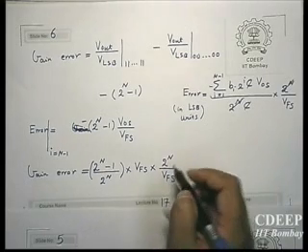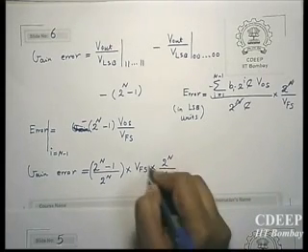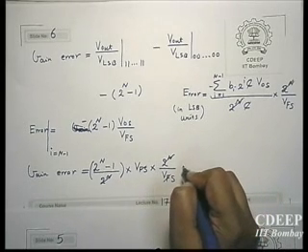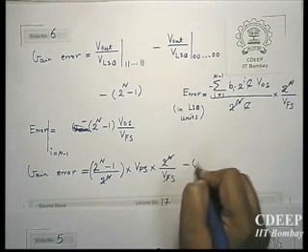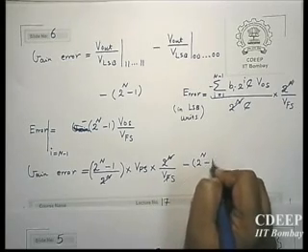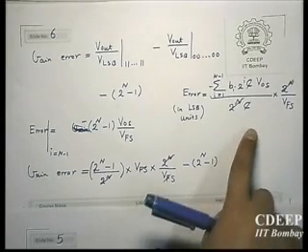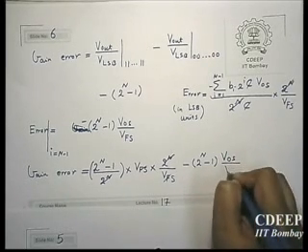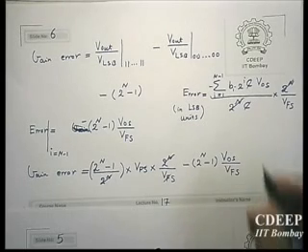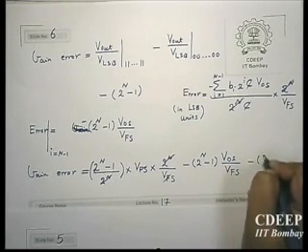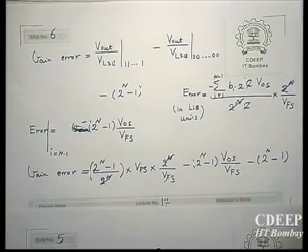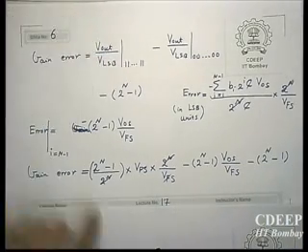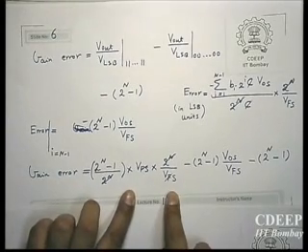Then we divide it by LSB size, therefore it will be (2 to the power n minus 1) V offset upon V full scale minus (2 to the power n minus 1). So what I did is V out for all 1s will be this.